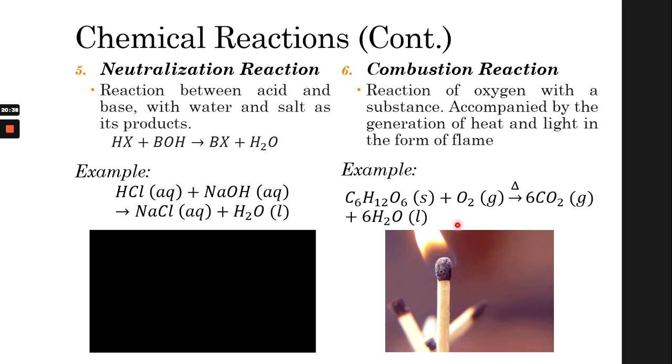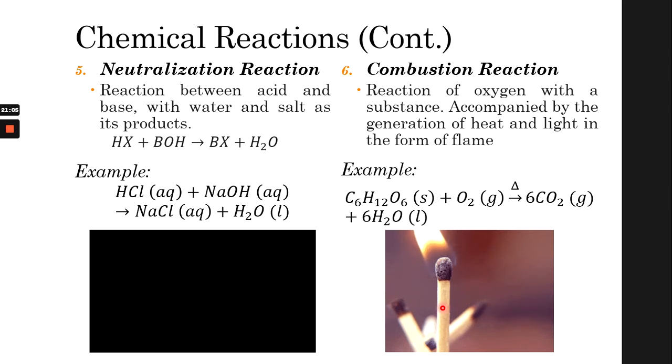That's why when there is no presence of oxygen, you cannot actually start a fire, because you need oxygen to continue the combustion process. So that's basically what combustion is, reacting oxygen onto your substance. Those are all the types of chemical reactions.